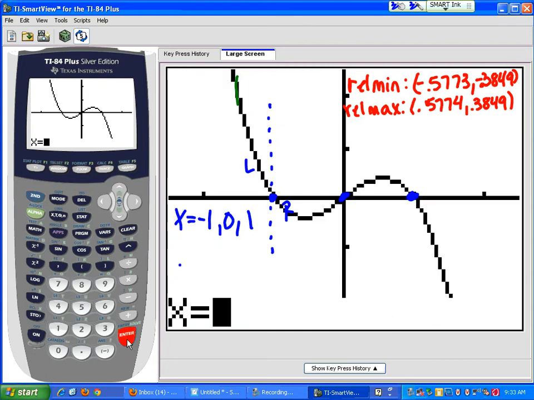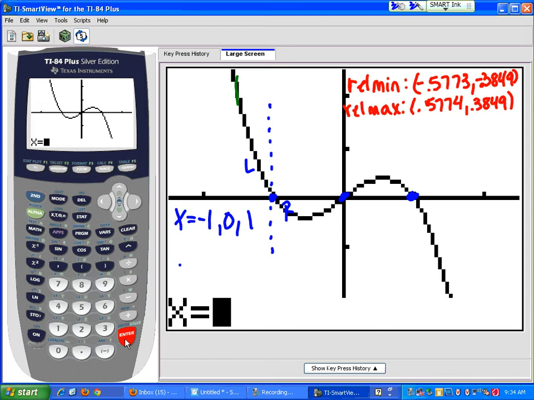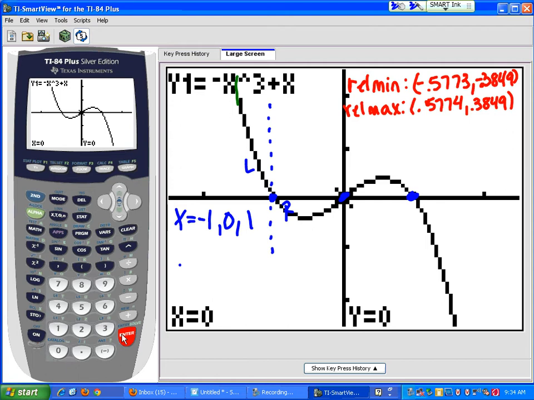As long as you can see the y-intercept on your calculator, you can do this. If it was way above my graph and it wasn't showing in my window, then it would say error if I plug it in. All you have to do is hit 0 and enter, and notice you get your intercept is 0. So I would say my y-intercept is just y equals 0.